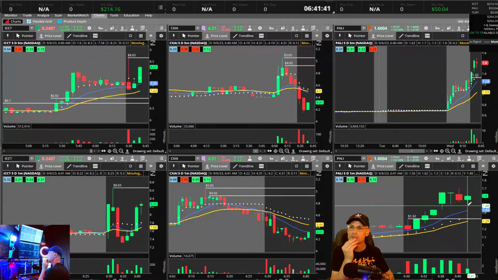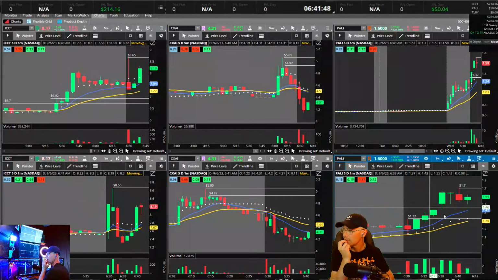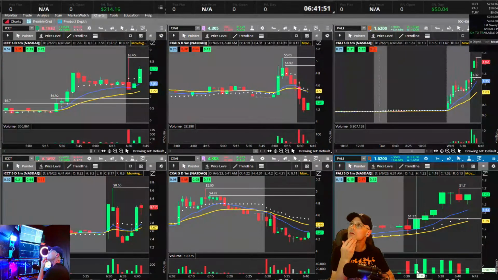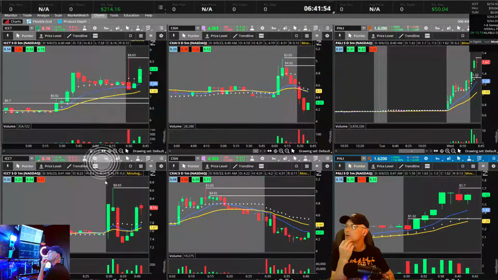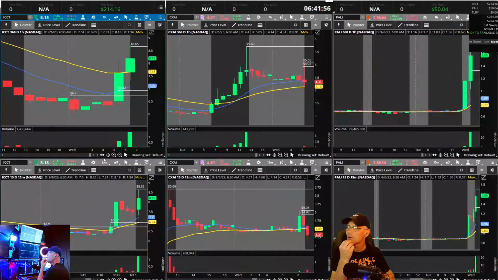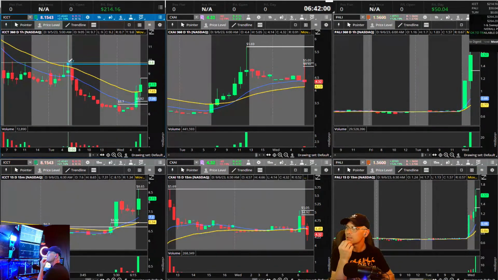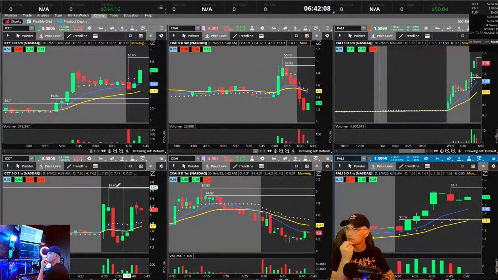This looks like a nice bounce potential here. High of day up at 170 on PALI. ICCT hourly time frame. We do have a resistance up here at 970 if we start to make a move over this previous high of 865.